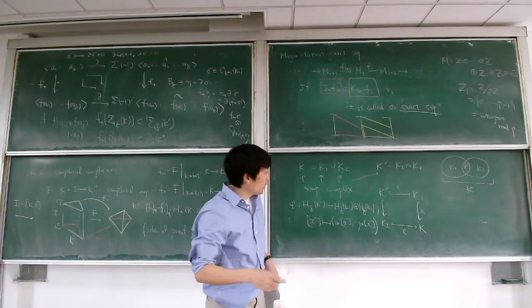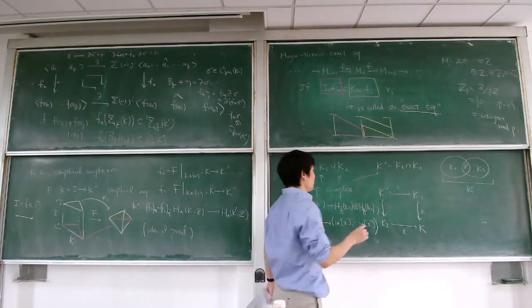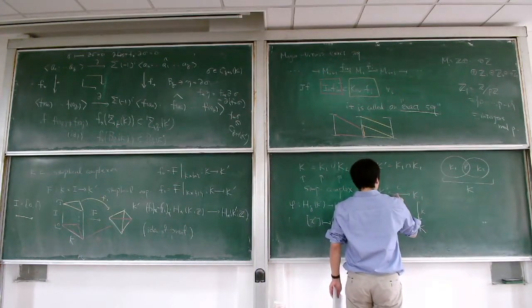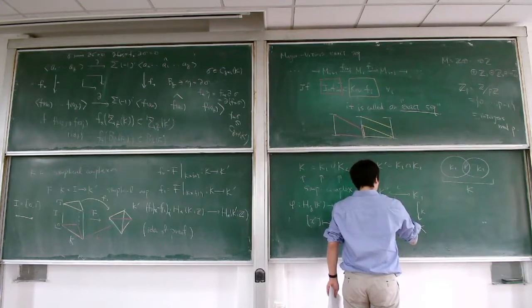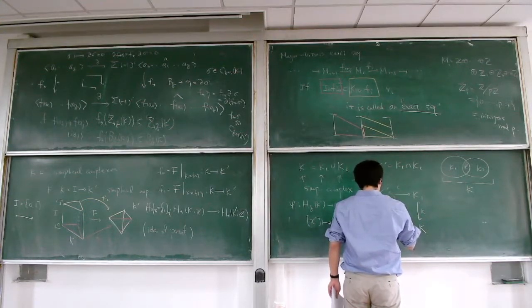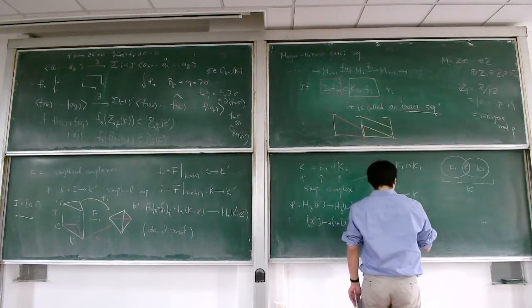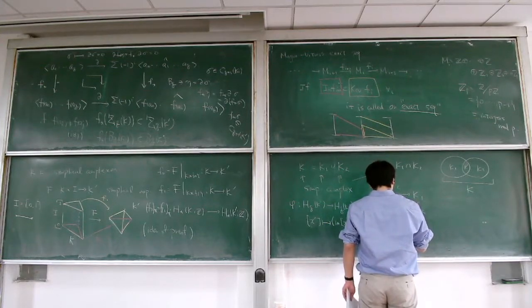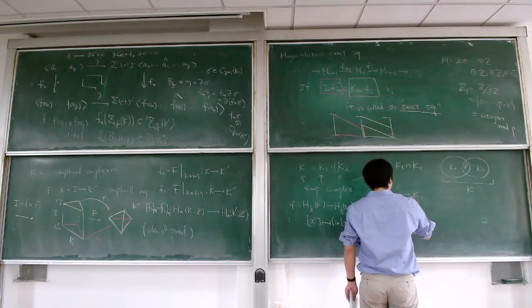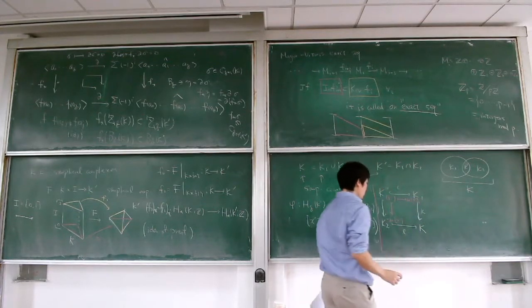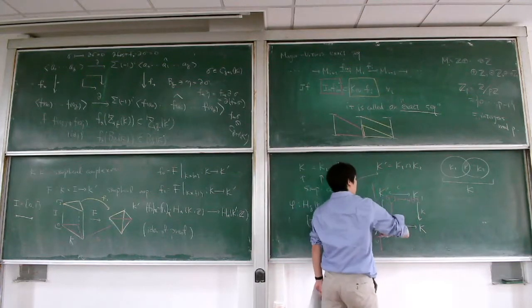So what I meant is I just take the element x prime here, which is mapped to J star x prime with the minus sign, and to I star x prime. And I just consider this diagonal combination.